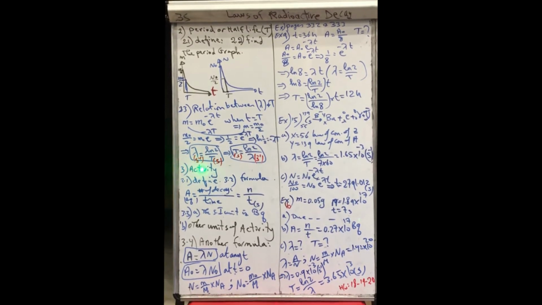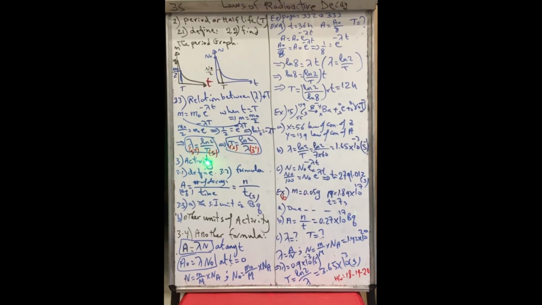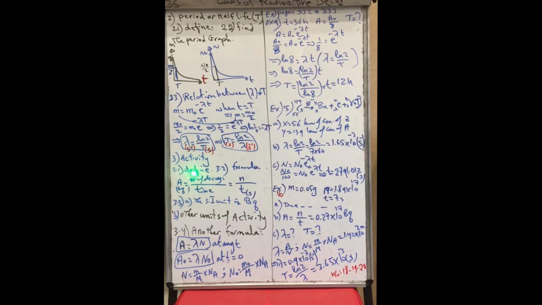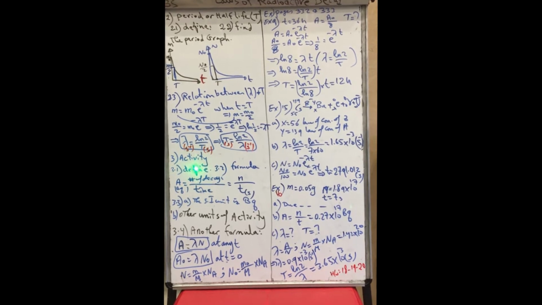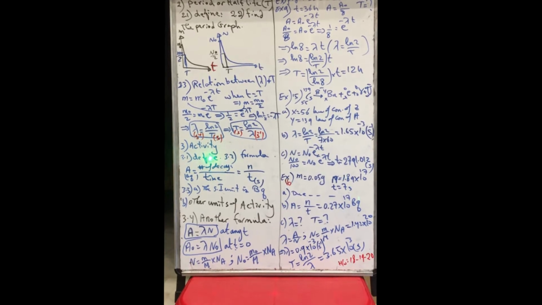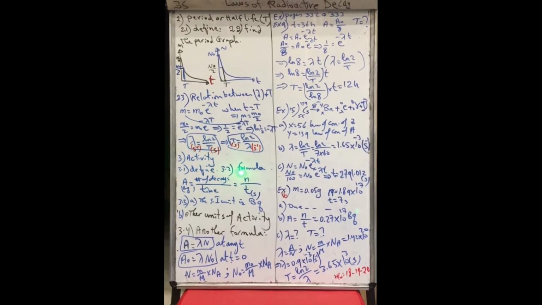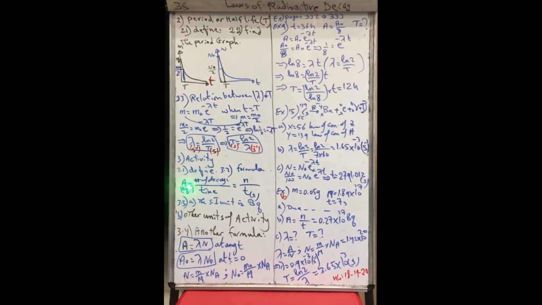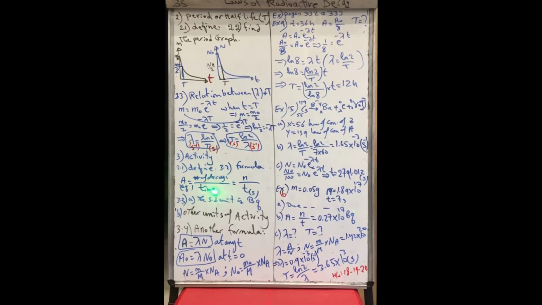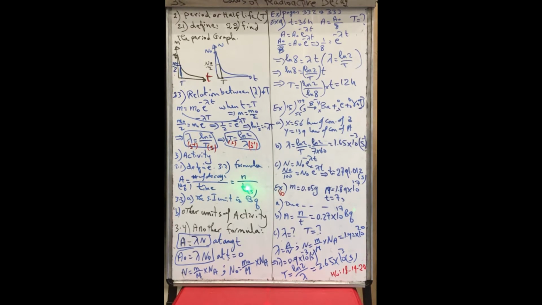Activity, next important point, activity A. It is defined as the number of disintegrations per unit time. Activity is the number of disintegrations or decays per unit time. From this definition, we can write the following formula: activity equals number of decays or disintegrations over time, that is N over t.